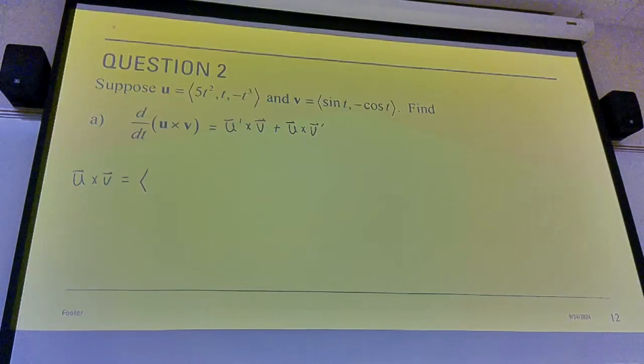So rewrite v and then take the cross product. Tell me what you got.